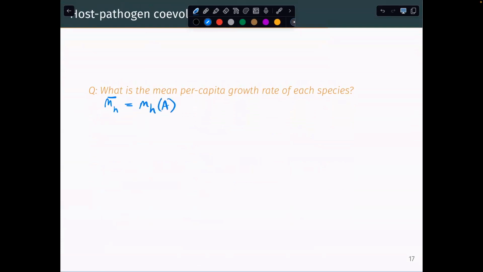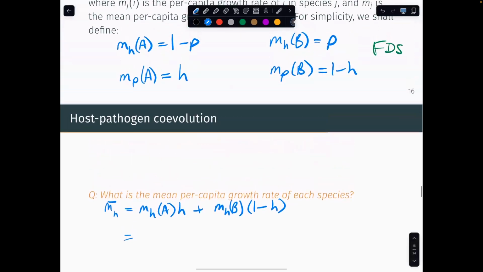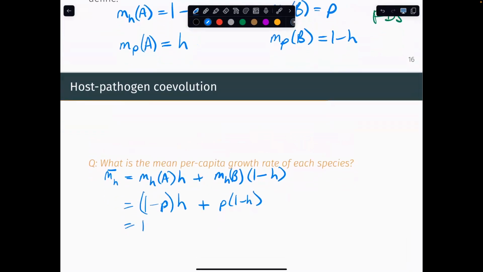What is the per capita growth rate, except per capita growth rates and fitness here are essentially the same thing, of allele A times the frequency of allele A, which is H. And I take the per capita growth rate of allele B in the host population, times the frequency of allele B, which is 1 minus H. I've just defined what these are above. So here we're going to have 1 minus P times H, added to P times 1 minus H, which is just H plus P minus 2HP.